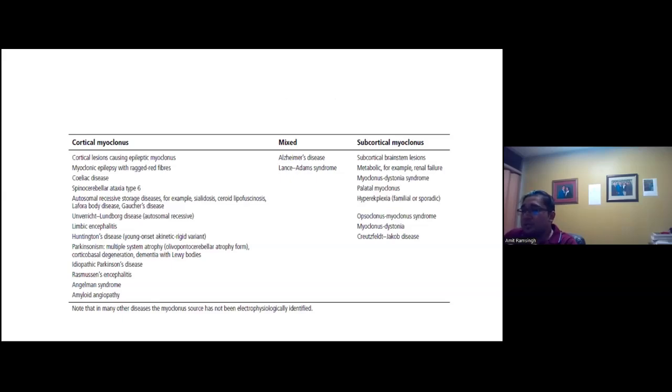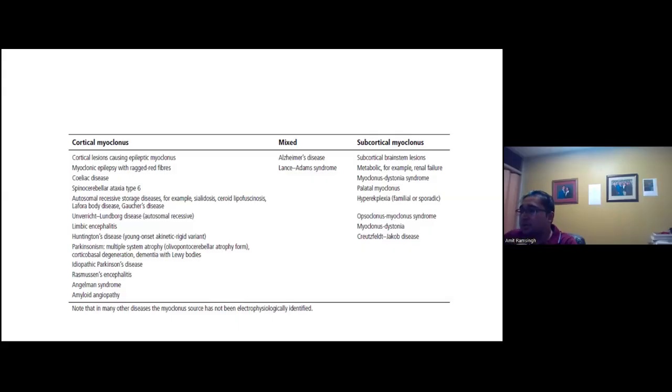So this is just a table from an article from the British Medical Journal, Neurology Journal. It basically breaks up the causes according to the site of generation. So you have your cortical myoclonus, and it includes a number of different diseases, such as Huntington's disease, Parkinson's disease, Rasmussen's encephalitis, amyloid angiopathy.